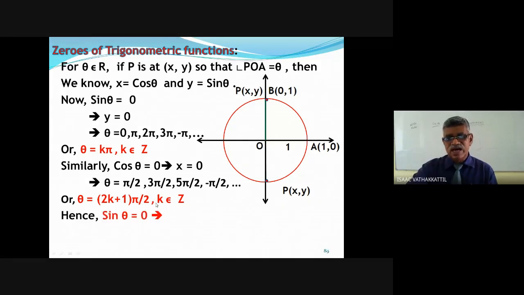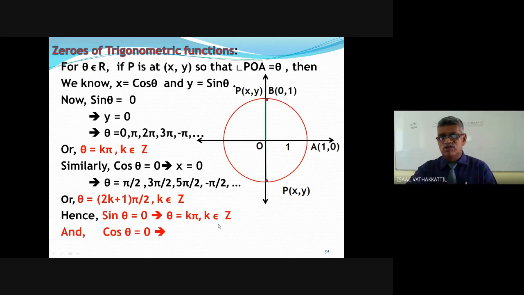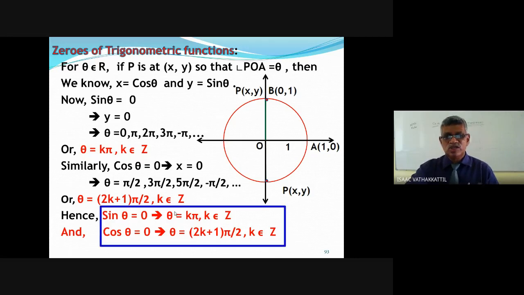Ultimately, we have sin theta equal to 0 implies theta equal to k pi, k belongs to Z, remember it. Cos theta equal to 0 implies theta equal to (2k plus 1) pi by 2, k belongs to Z. That means zeros of sine and zeros of cos.